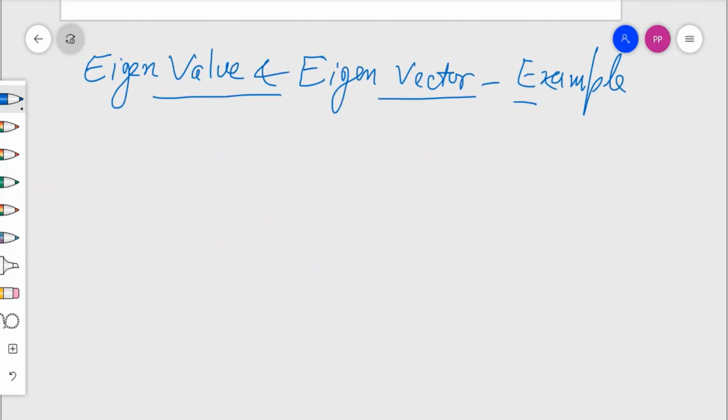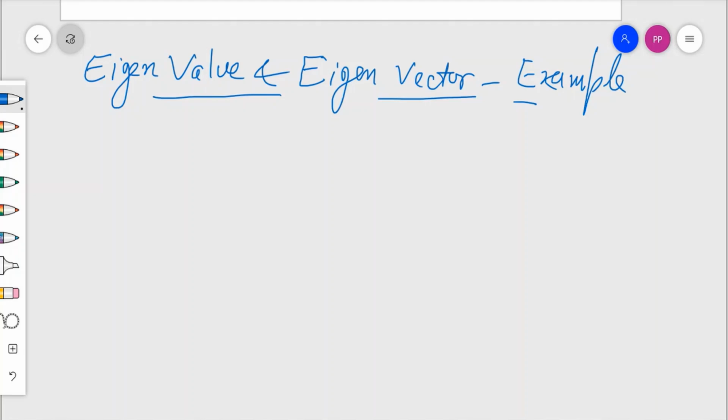When an eigenvector is operated on by a matrix, its result should be a scalar change of the eigenvector.